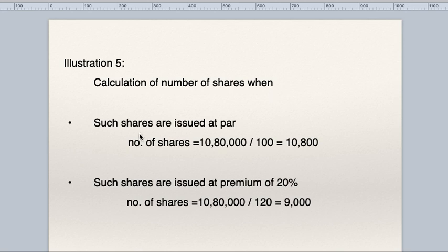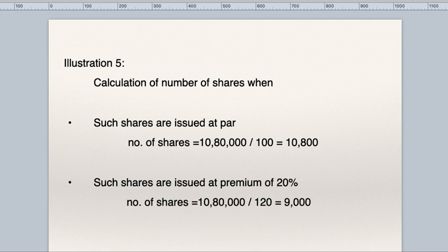Calculation of number of shares when shares are issued at par. 10,80,000 worth assets they have purchased, and if shares are issued at par, that is 100, the number of shares are 10,80,000 divided by 100, 10,800.